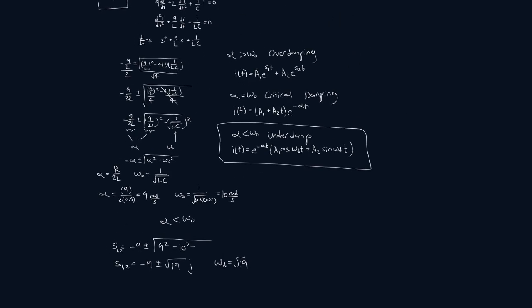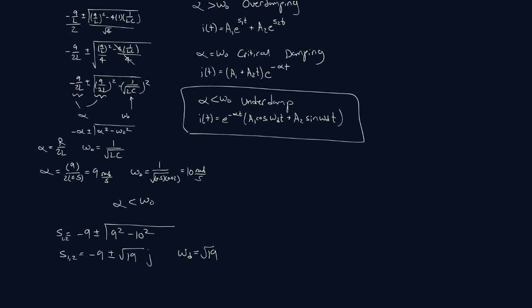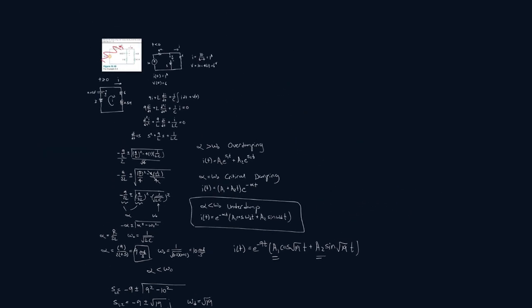So what we're going to do now is write the following. i(t) is equal to e. Recall our alpha is 9. So it's going to be minus 9t times A1 times cos square root of 19t plus A2 sine square root of 19t. Now, we have to solve for A1 and A2. To solve for A1, it's going to be pretty easy.